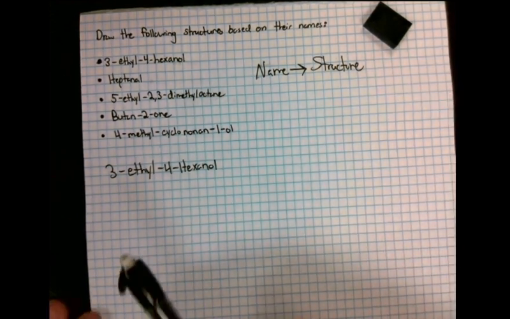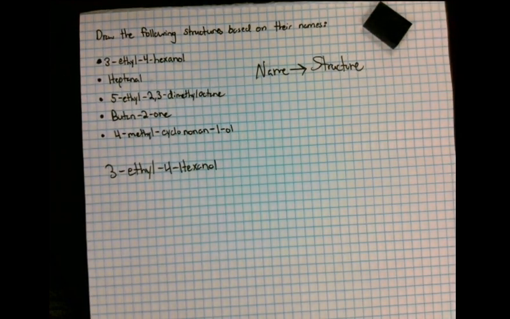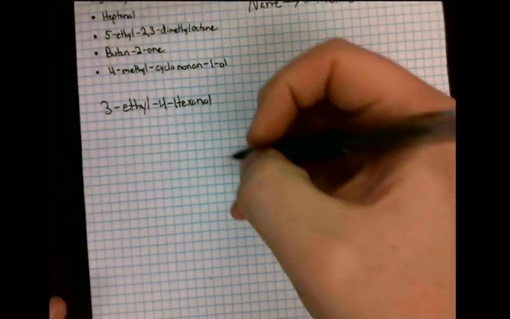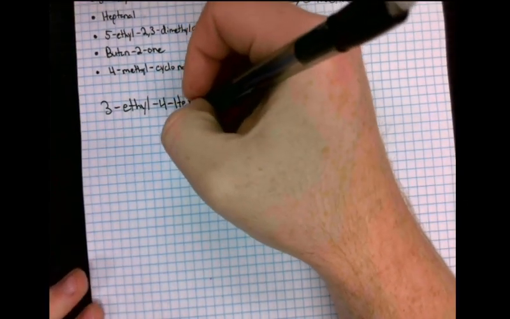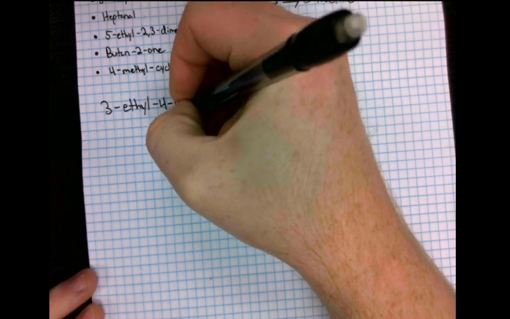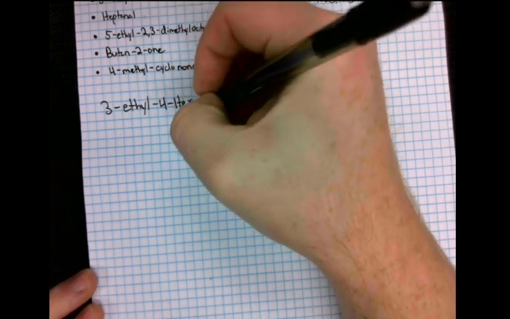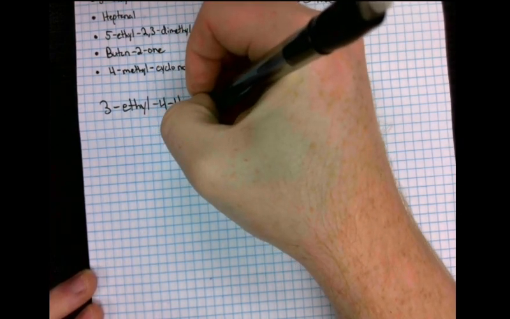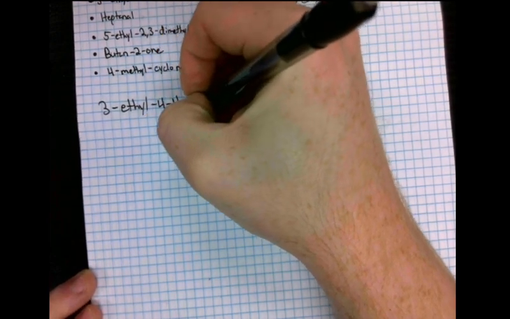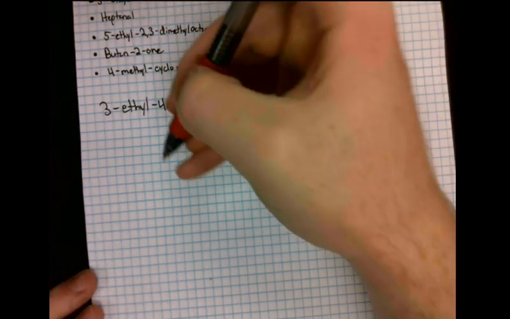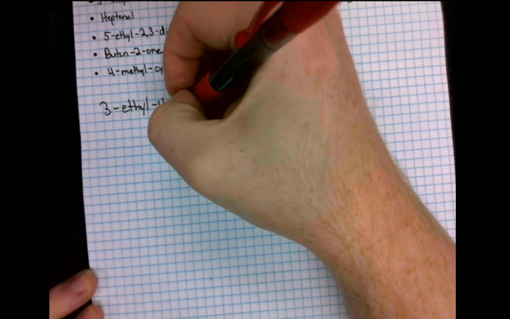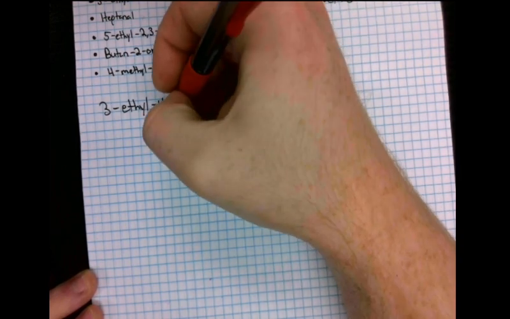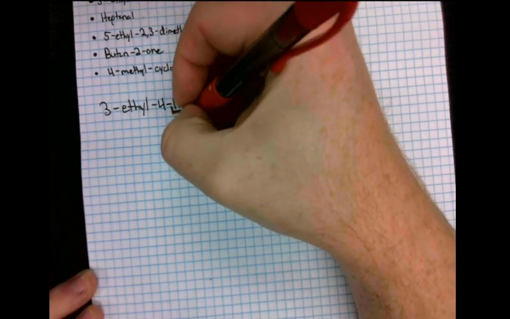All right. The way I like to think about these is to make sure I know what every piece is going to mean. So for example, I've got a hexan right here. I'll use a little bit of color just for breaking down what each of the pieces means. So I've got a 4-hexan.